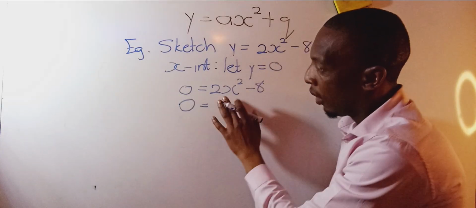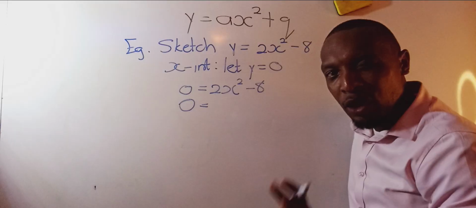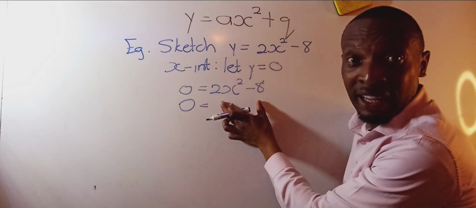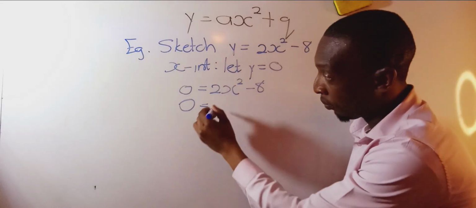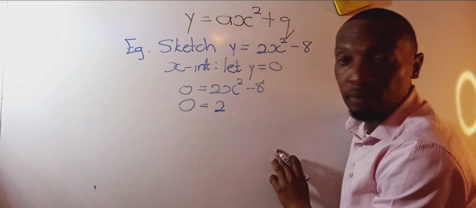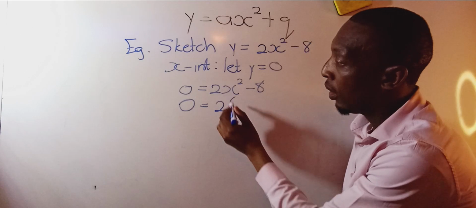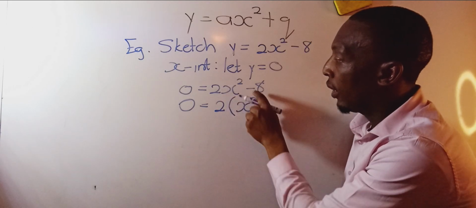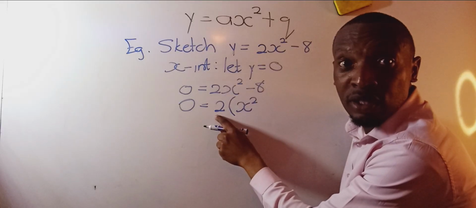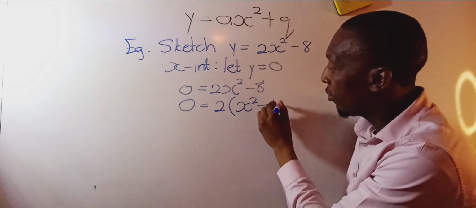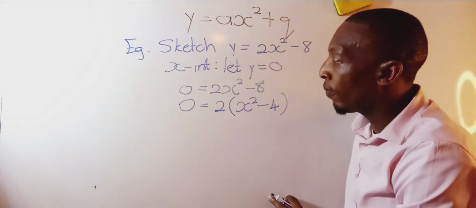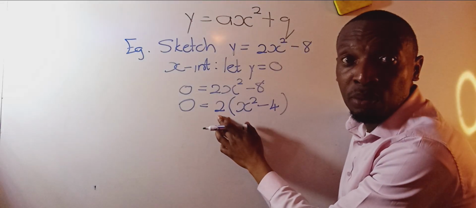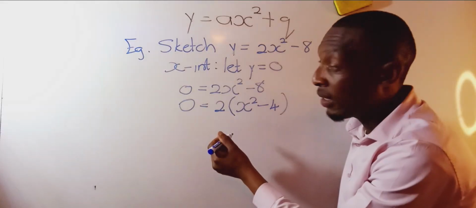okay? When you're factorizing, the first thing you check is the highest common factor. Highest common factor of these two terms is 2. What goes in my bracket? 2x squared divided by 2 is x squared. -8 divided by +2 is -4, right? How do I get rid of this 2? Divide both sides by 2, right?